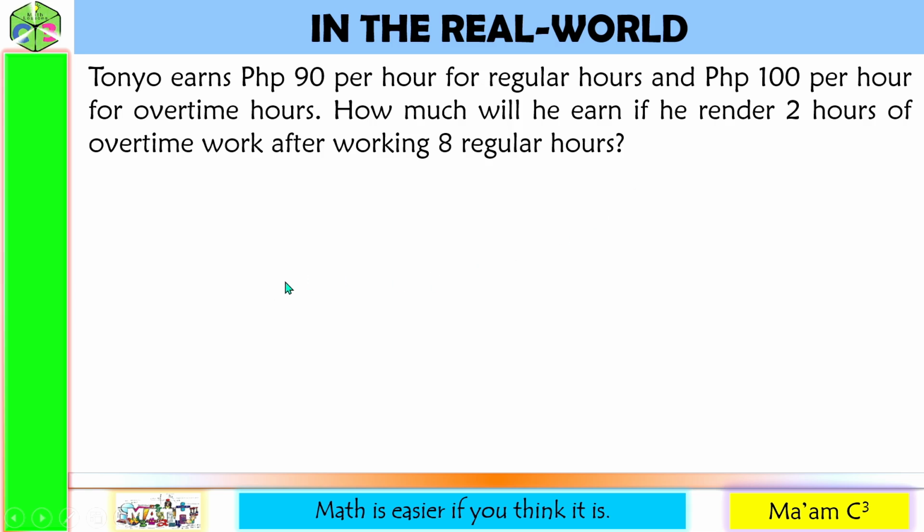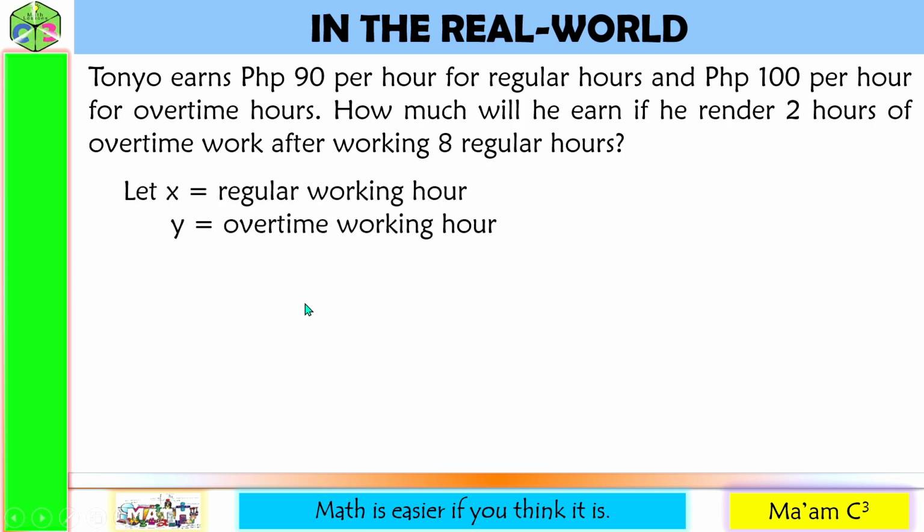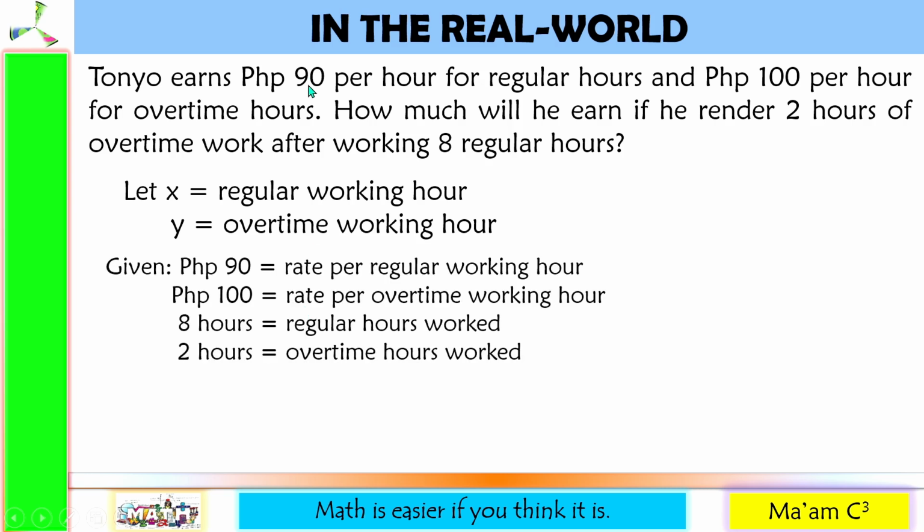So to answer this, let us let x be the regular hours while y be the overtime working hours. And we are also given the following: 90 for regular working hour, 100 for overtime working hour. And if Tonyo works 8 regular hours and 2 hours of overtime, how much will he receive?